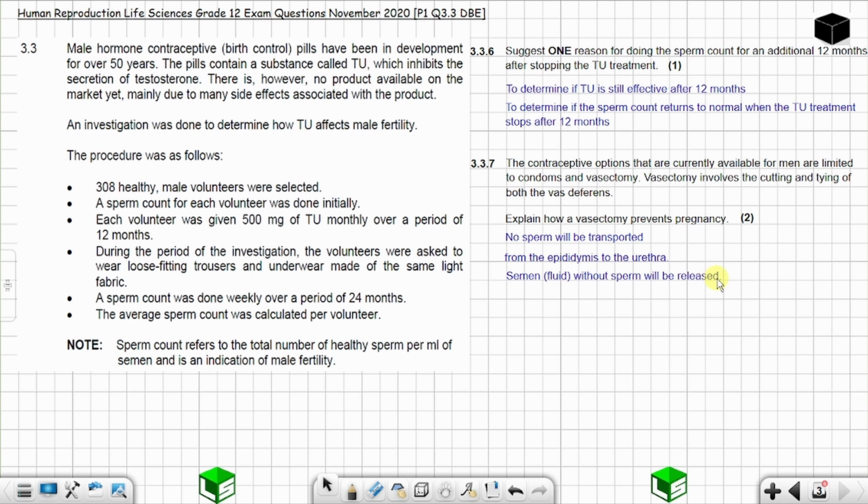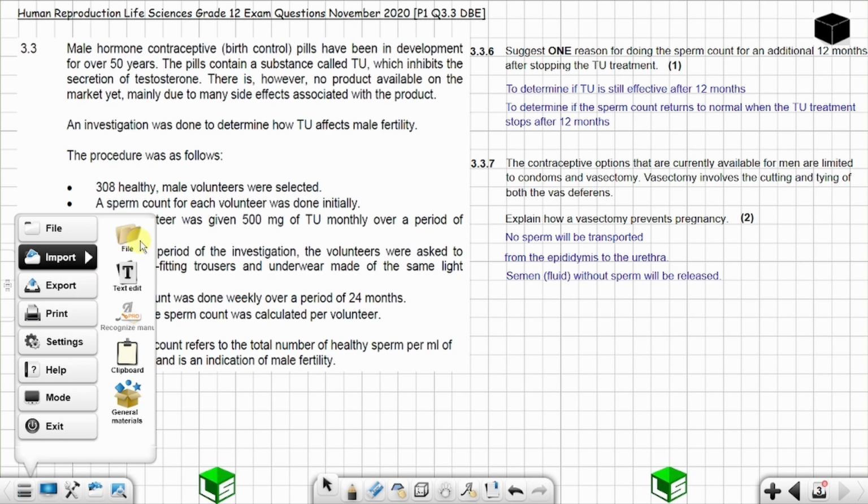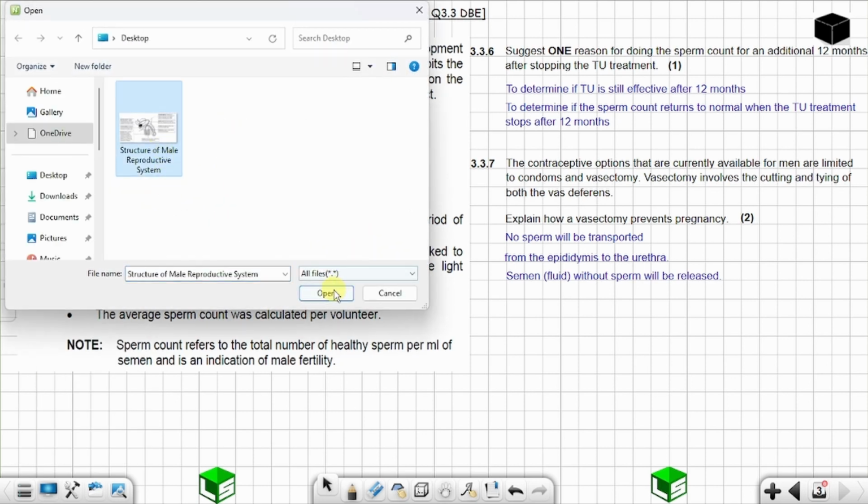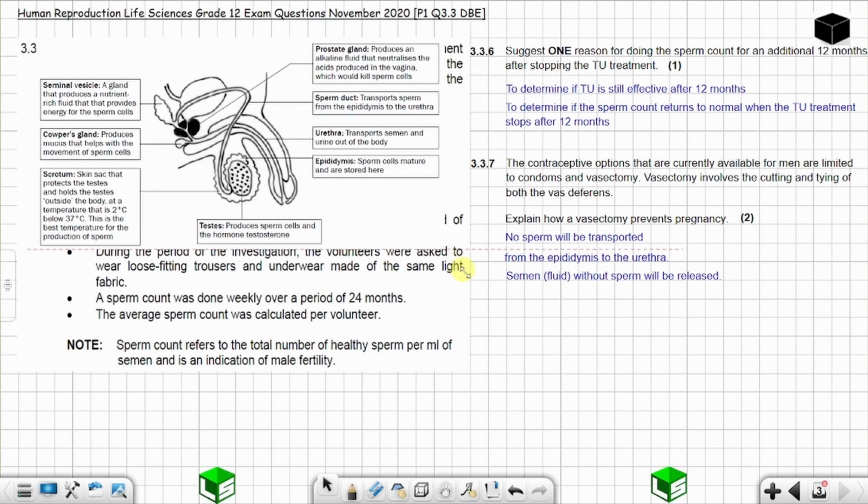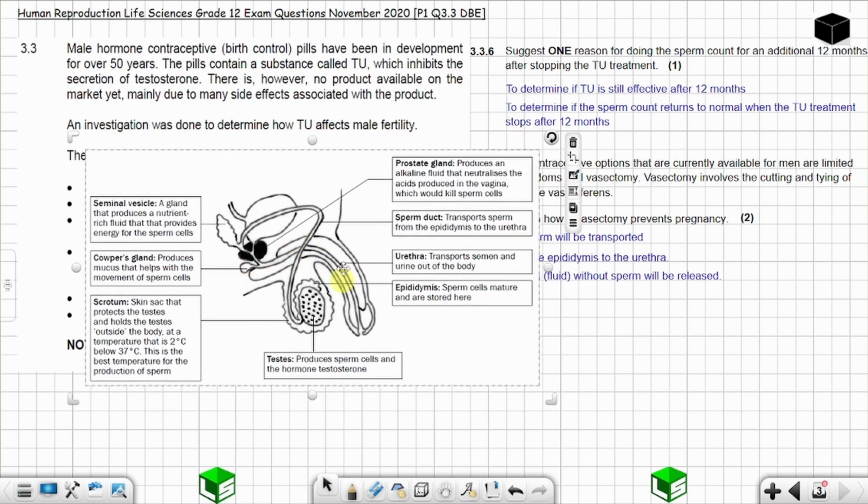Okay, so when answering this question, this is the image that you have to picture in your mind. You are not going to have it in the exam, but you must have it in your mind. Okay, this is the male reproductive system. You have the sperm duct or the vas deferens. Okay, when vasectomy is done, what they do is to cut the sperm duct or the vas deferens.